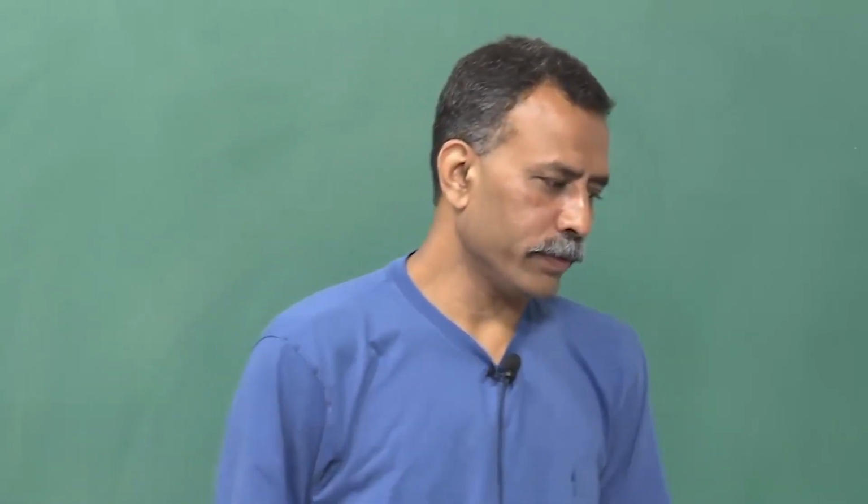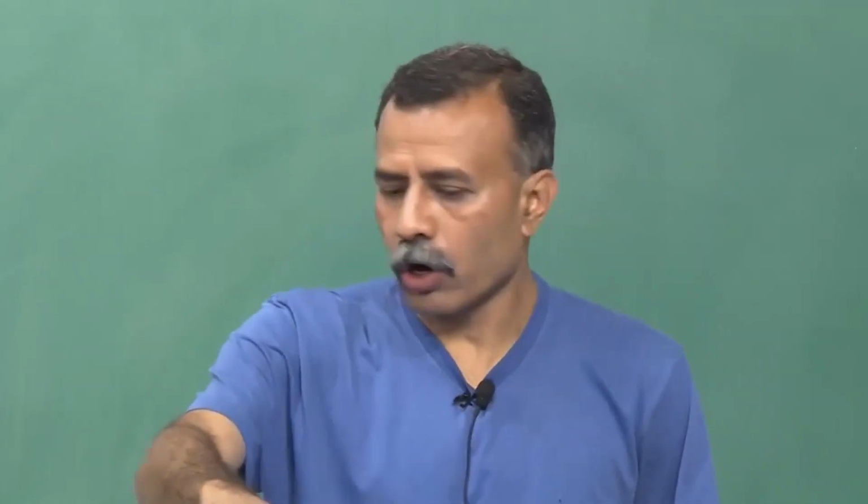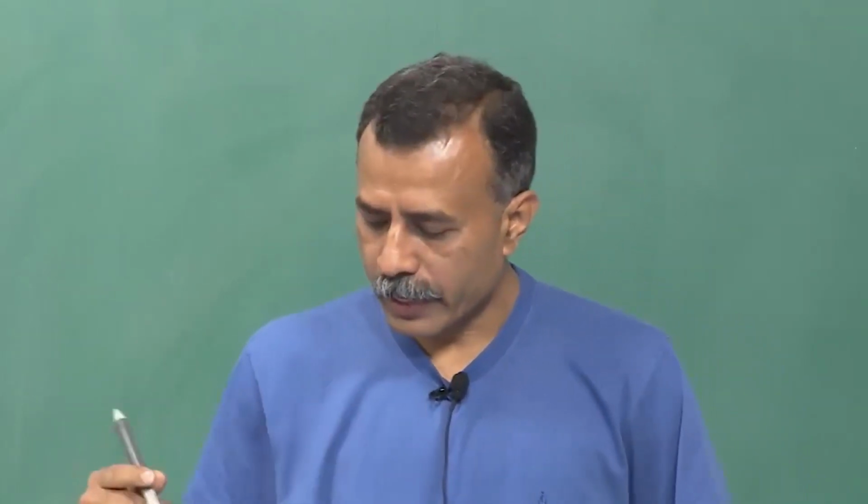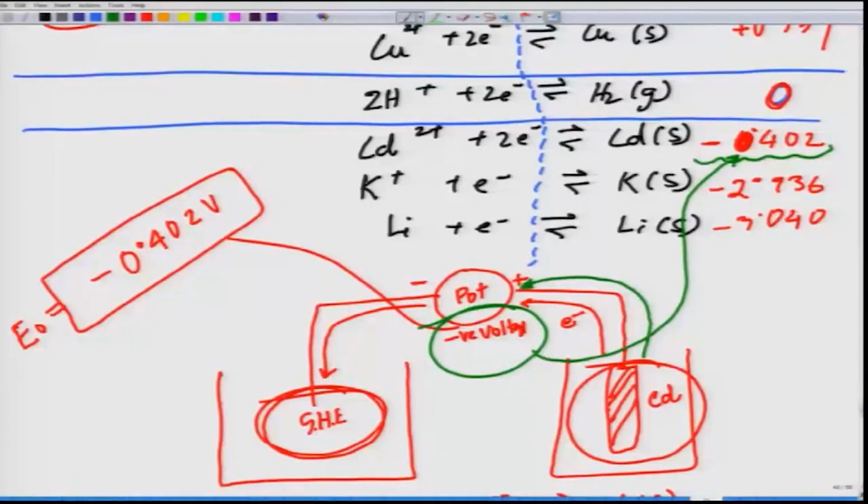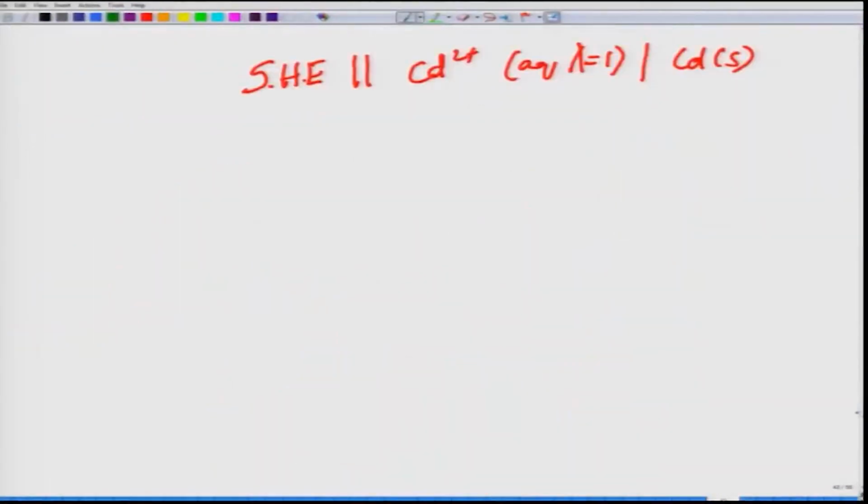So, I believe with this background of understanding standard potential, standard reduction potential, you will be able to draw your own story. The negative sign means that the electron flows from cadmium to platinum, a direction opposite to that of the other cells.